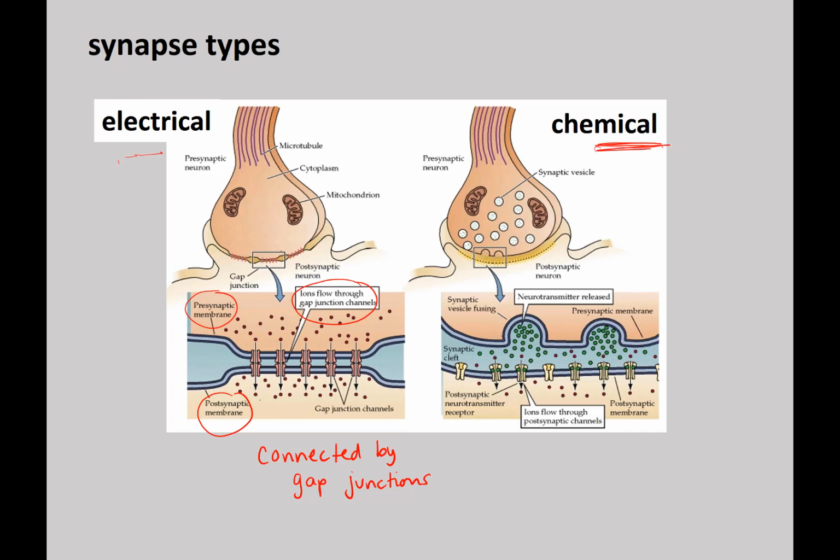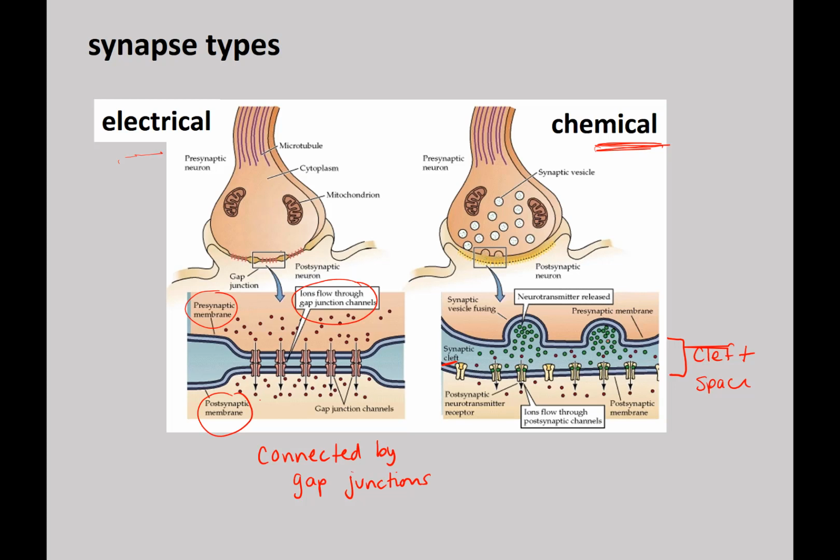Chemical synapses, which are the focus of this chapter: you can see here's the synaptic cleft. It even says right there in little teeny words. So this is a space. They are not in physical contact, although there are some adherent proteins that help hold these two neurons close together.